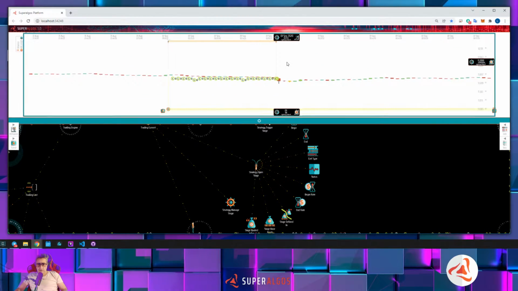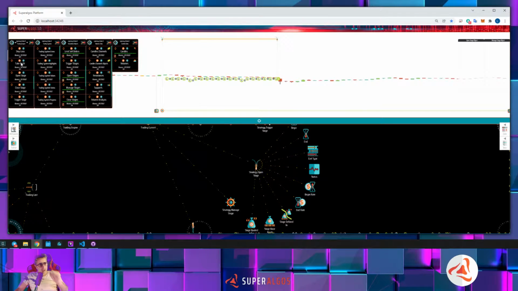Let's see what is the difference with the other one. So what we're going to do is find the same layer, which is, open stage was the name, right? Open stage.